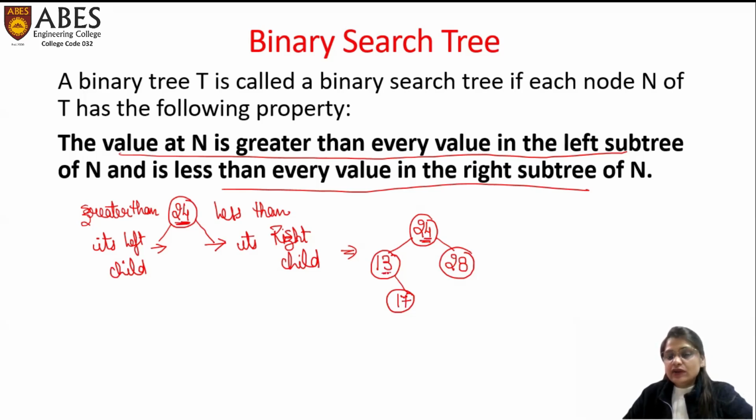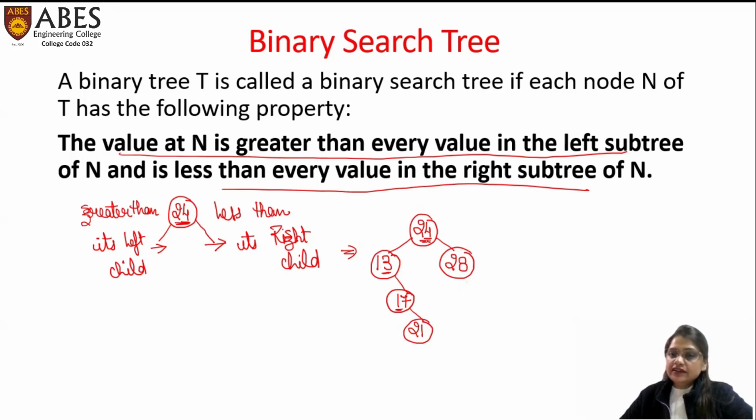Then we compare 21 with 13, which is smaller, so we go to the right side. Then we compare 21 with 17. 21 is greater than 17, so it will automatically go to the right side.